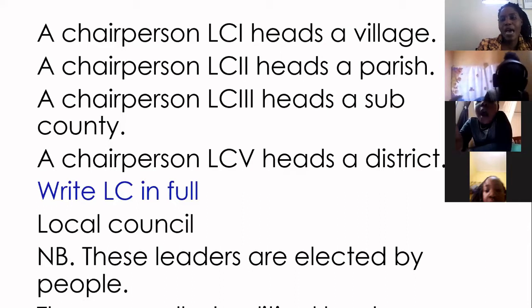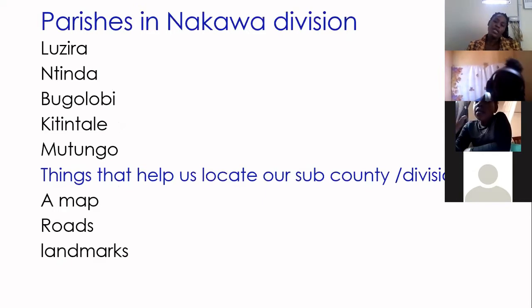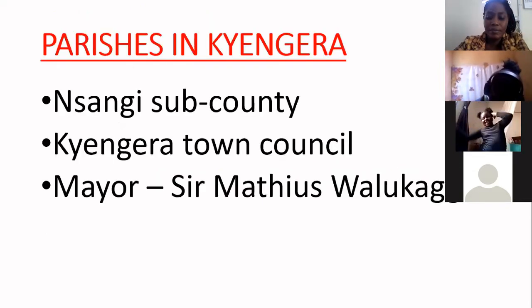Yes, people go and vote for them. They stand, ask for votes, then people go and vote for them. That's why we are saying these leaders are elected by people. Are we following?